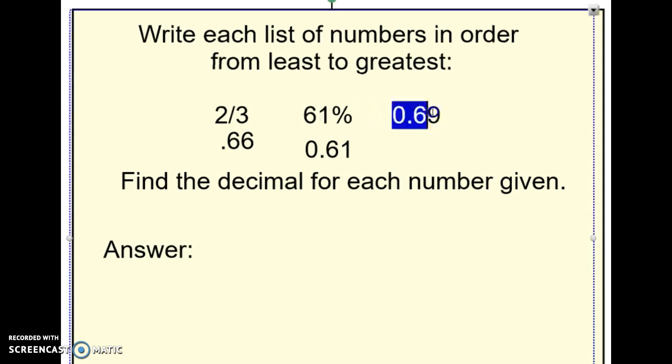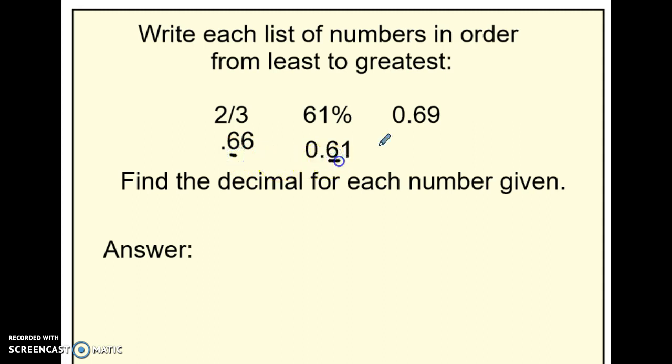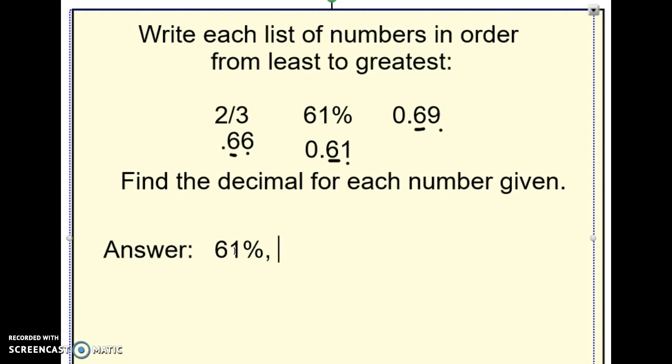And we already have this as a decimal. So now I just have to compare my place values. They all have a 6. And if I look at the second digit, I have a 6, 1, and 9. And I write my final answer in the original form. So 61% is the smallest, and then 2/3 is the next smallest, and then I have 0.69.